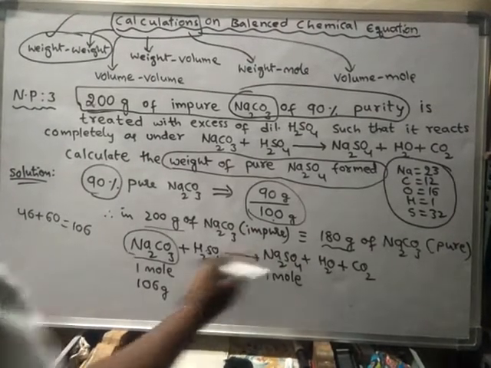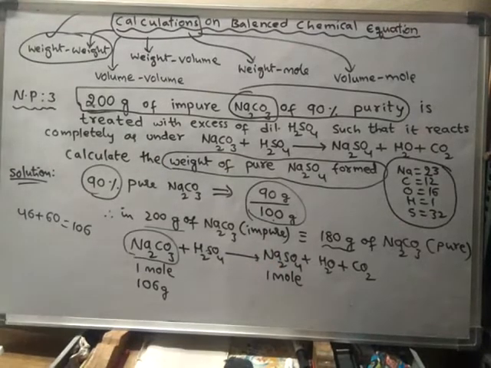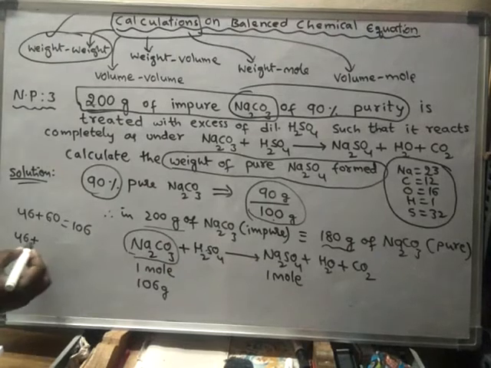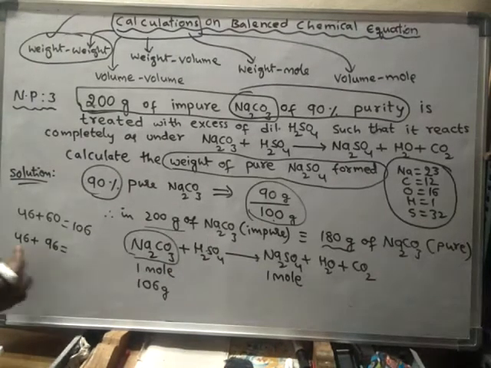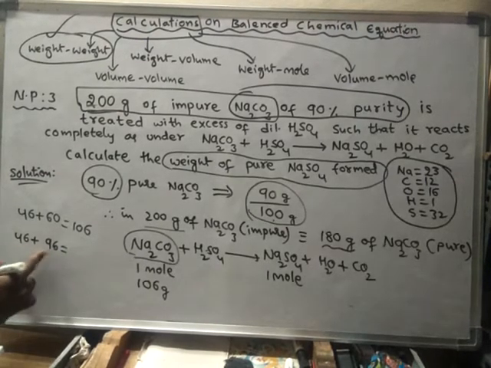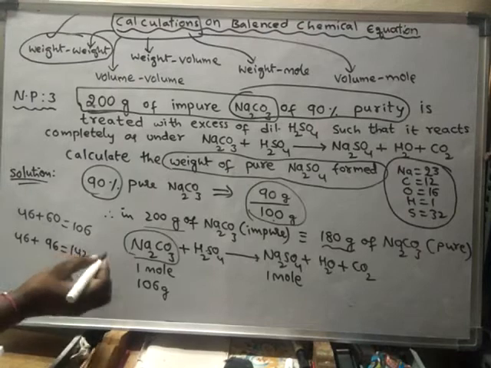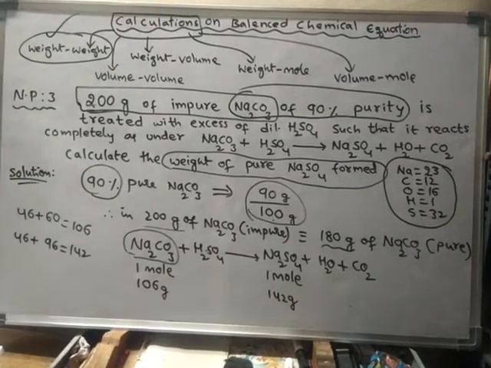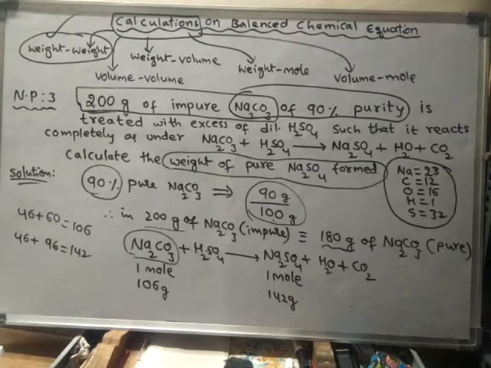Here Na2SO4, 1 mole of Na2SO4 means 46 plus SO4 means 96. So it will be equal to 102 plus 40, so 142 grams.